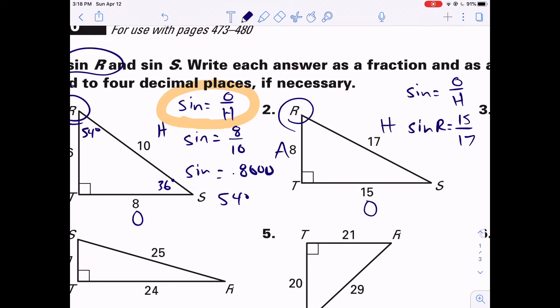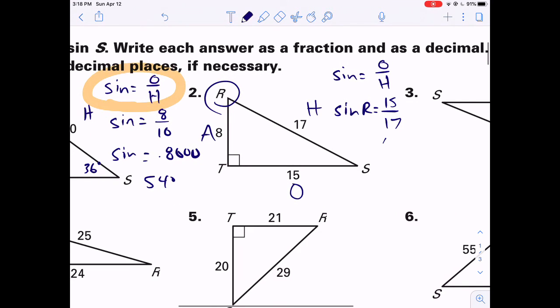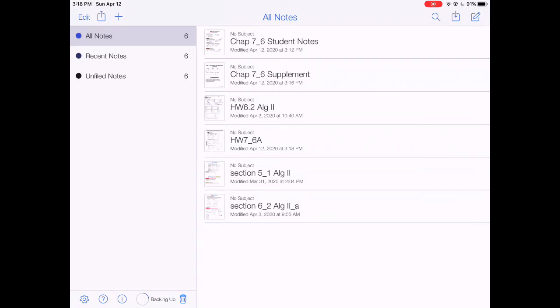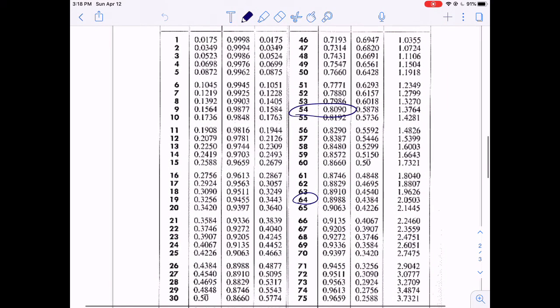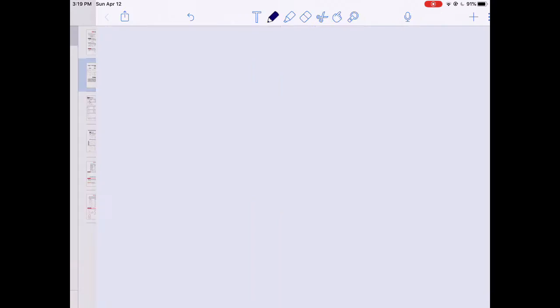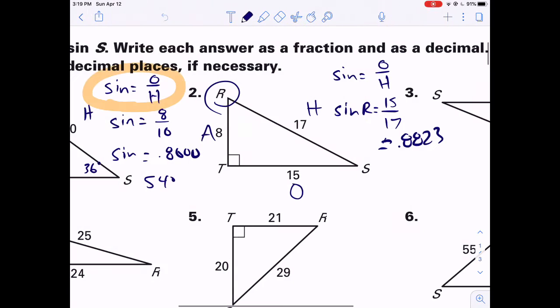Just double checking my numbers here. And I get 0.8823. So it's going to be equal to 0.8823. Again, I have to go back to the table. This is sine still, 0.8823. 88, this is pretty close, 62 degrees. So that will be 62 degrees right there.